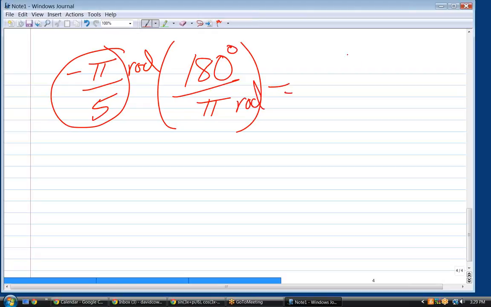So if I want to end up with degrees, I need the radians to be in the denominator, because they will cancel and I'll end up with degrees. 180 over 5 is 36, so negative 36 degrees.